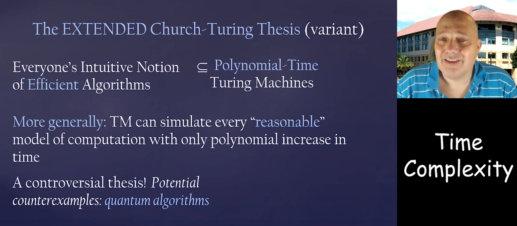It's not a reasonable model of computation. And once we build these quantum machines, we'll see that, for example, we cannot create large enough Turing machines to actually create such a separation.